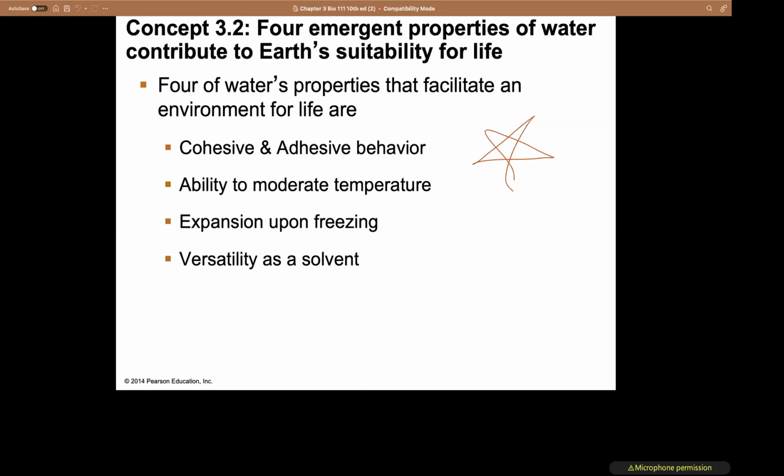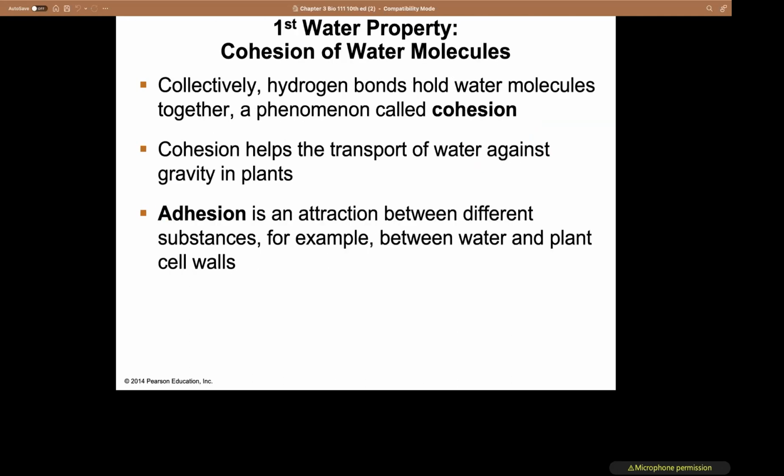To get started, the first one is the cohesive and adhesive behavior of water. Cohesion is the ability of water molecules to hold together. It is cohesion that helps transport water against gravity and up to the tip top of the plant.